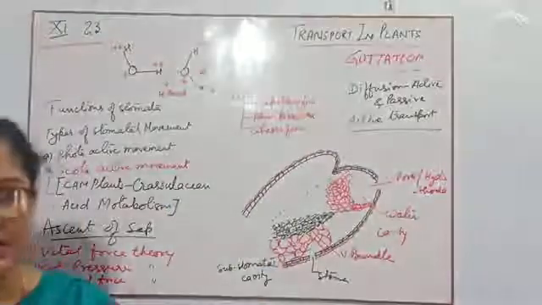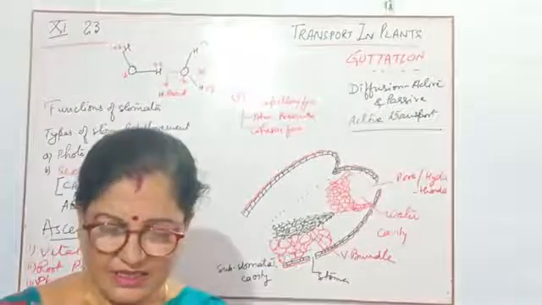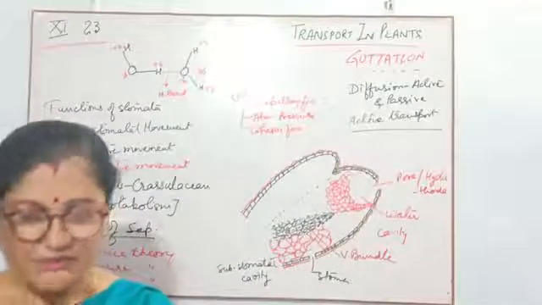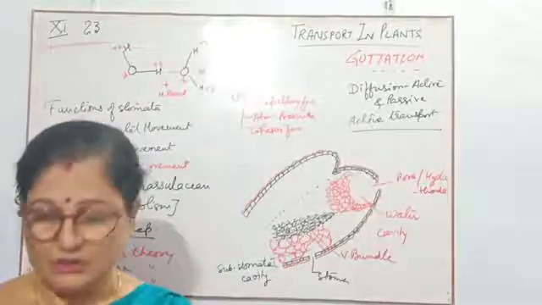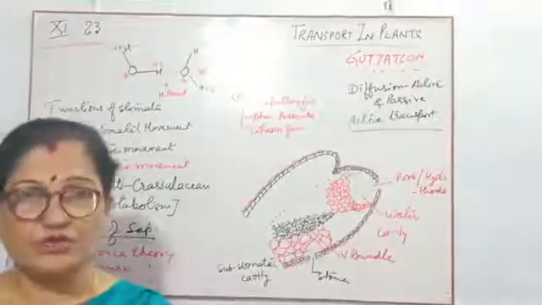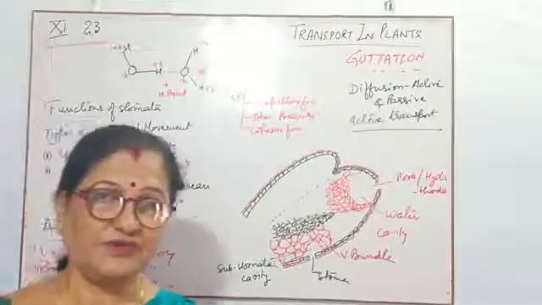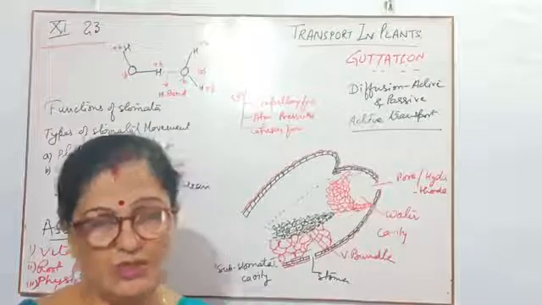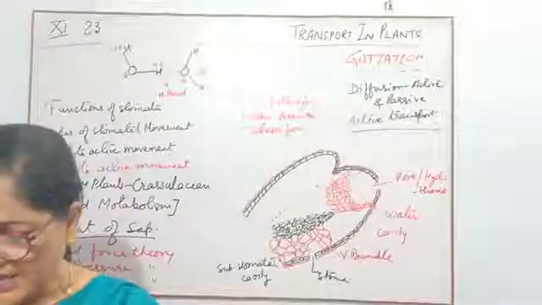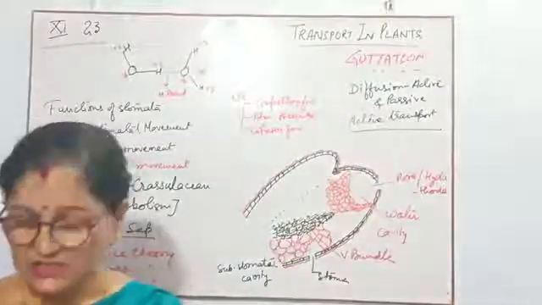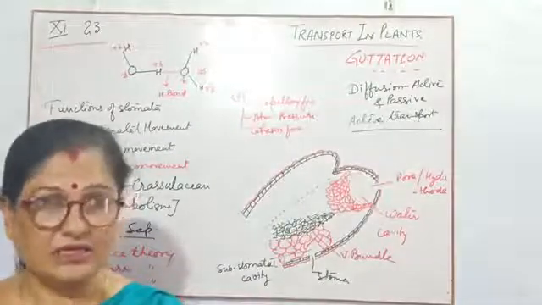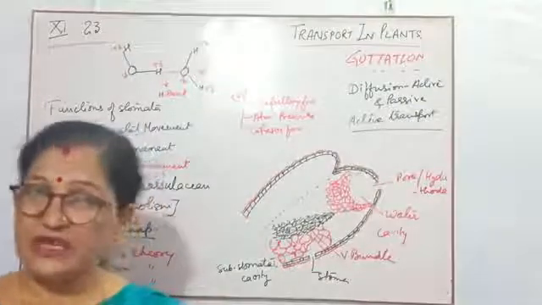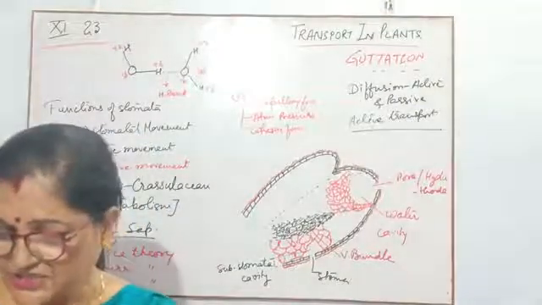Functions of stomata, as you can understand, the main and most proper function of stomata is to take in CO2 for photosynthesis, and to release oxygen as a byproduct, which we use for our respiration.